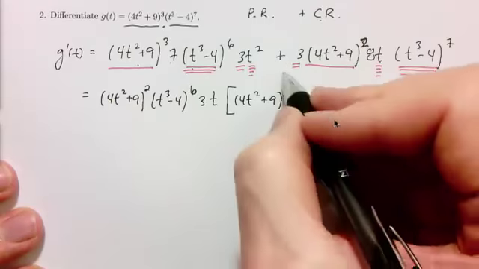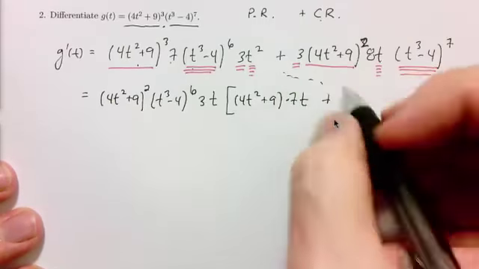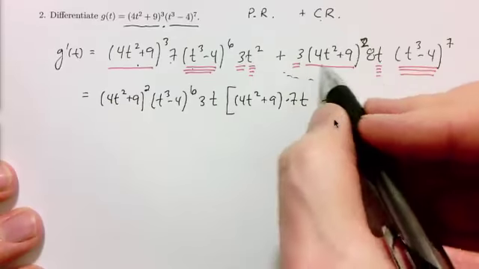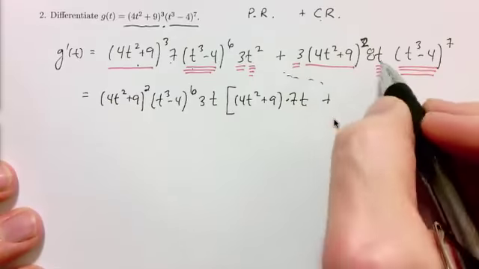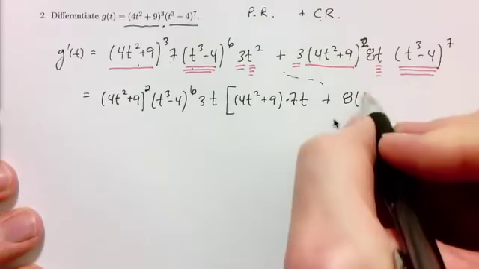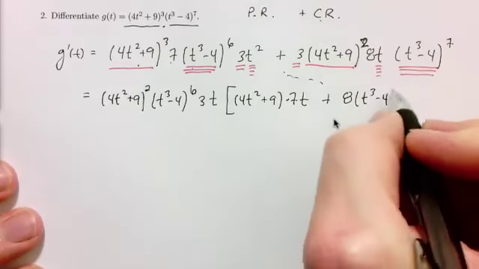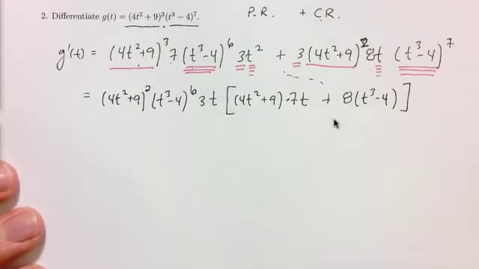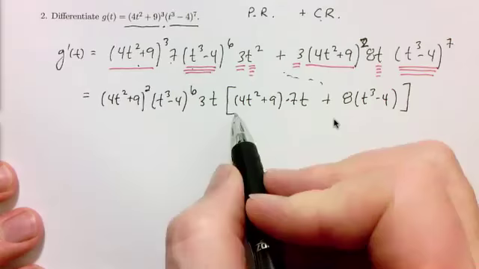Plus, now this plus is the original plus from the product rule. Took the 3 out, took 2 of these out, took the t out, the 8's still there. Took 6 of these out, so the t cubed minus 4 to the 1 power. Now there's still a little bit more simplification that can be done, right? And that's here.